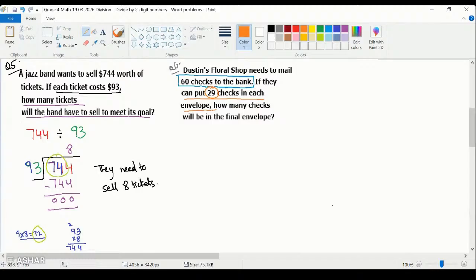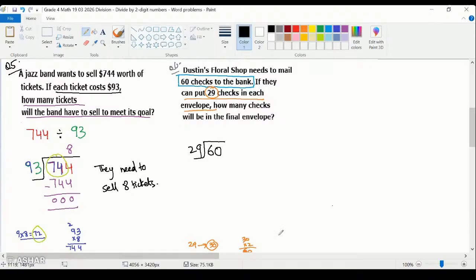So 29 is a number that can be assumed as 30, right? Very near to 30. And we know that 30 multiplied by 2 would be 60. Agreed? We find a closer number. Perfect. So can we say when 60 is to be divided by 29, when 30 was multiplied by 2, it comes out to be 60, right?